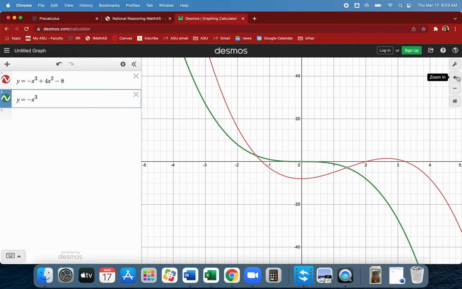For instance, the green one is just y equals -x cubed. The first one we had has a section where it's concave up and another section where it's concave down. And there's a kind of switch over where it's decreasing, then increasing, then decreasing. Whereas the green graph has a section where it's kind of like half concave up, but it really just flattens out. It's not a very good bowl.